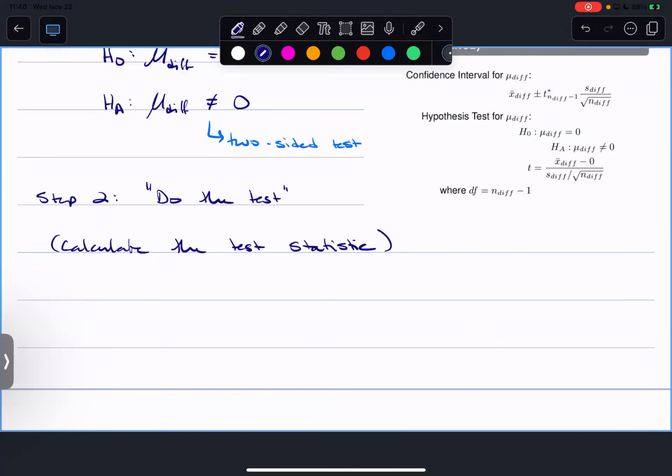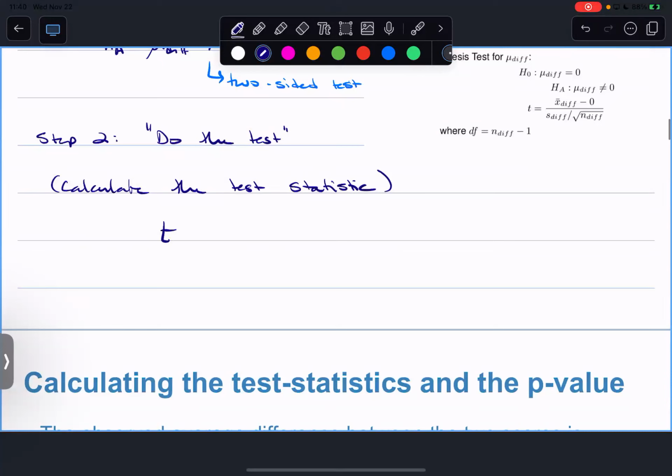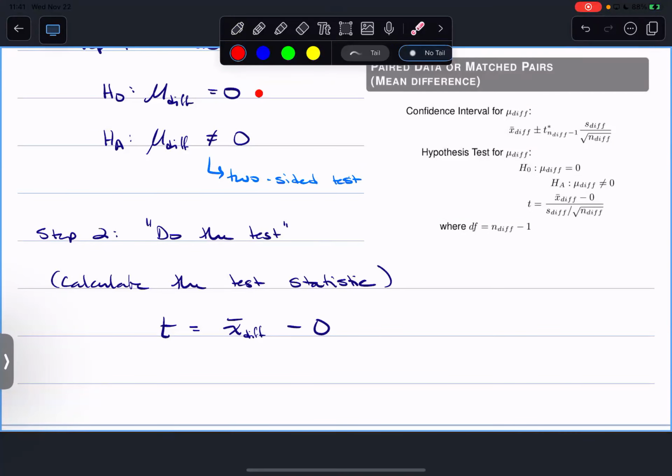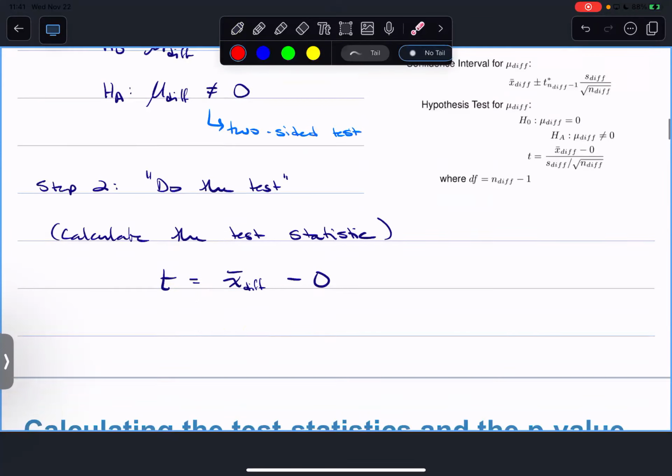You're going to calculate the test statistic. And the test statistic in this case is T equals X bar of the differences minus 0. We want to know how far our sample mean difference is from 0. And so this is always 0. You don't even have to write it out if you don't want to.